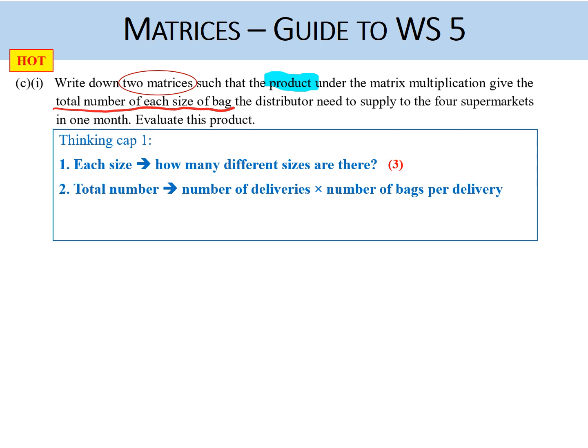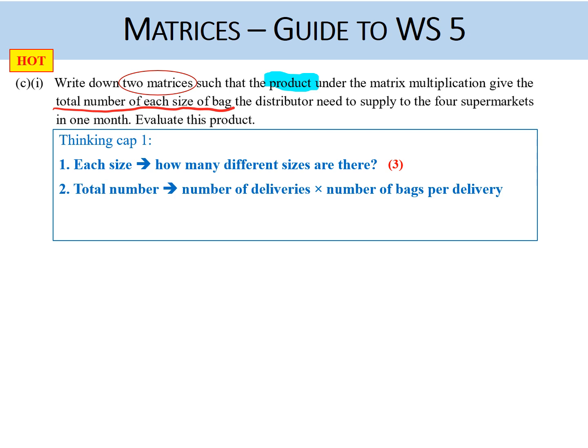And in one delivery, there are 40 bags, 25 bags, and 10 bags for each size respectively. So therefore, to find the total number, I will need to find the product of the number of deliveries and the number of bags per delivery.